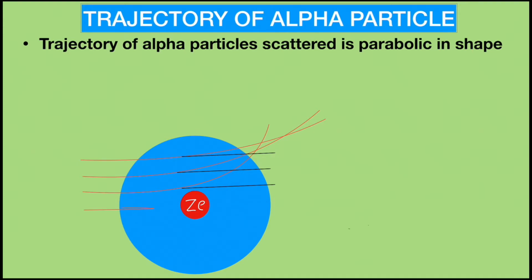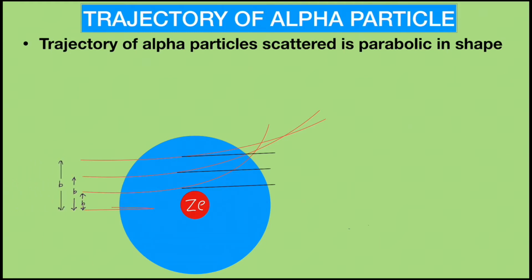If the alpha particle is just falling in front of the nucleus, then it is reverted back along the same path in the opposite direction. So we have seen the angle of scattering is different according to the distance of the alpha particle from the nucleus. Those alpha particles which are near to the nucleus are scattered with greater angle in comparison to those which are away from the nucleus.